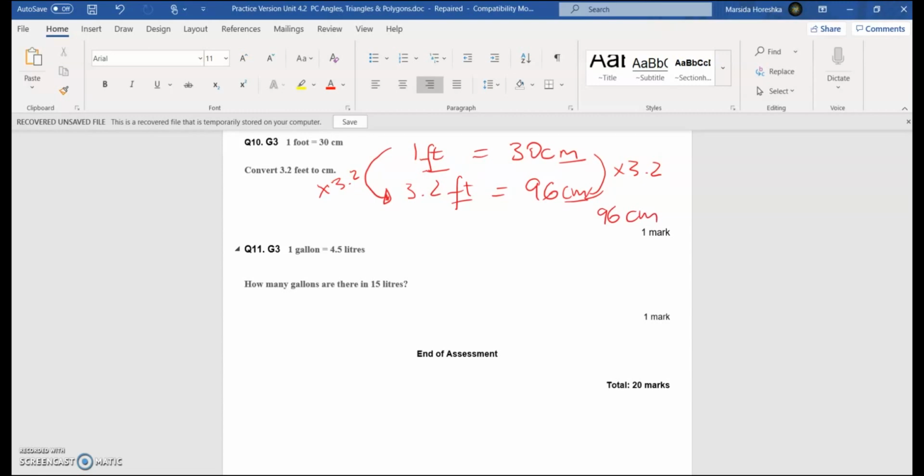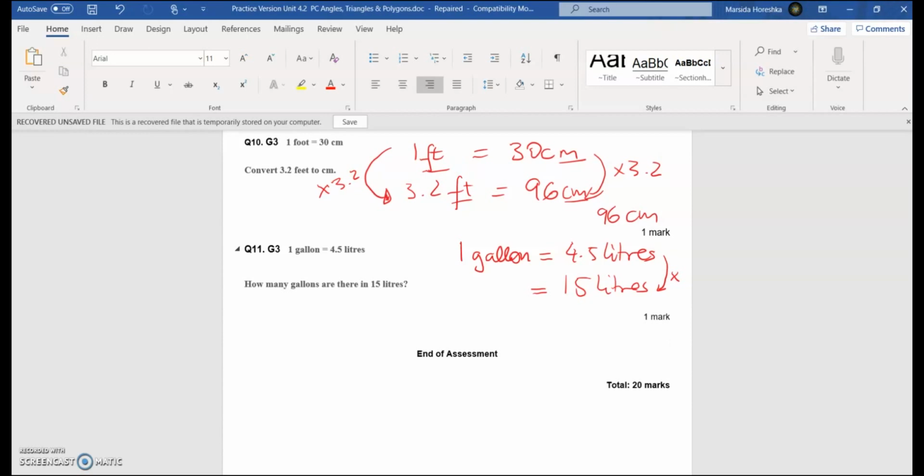Now we have 1 gallon is equal to 4.5 liters. So again, 1 gallon is equal to 4.5 liters. How many gallons are there in 15 liters? So to get from 4.5 liters to 15, we've multiplied by a number. And what is that number? We can work it out by dividing 15 by 4.5.